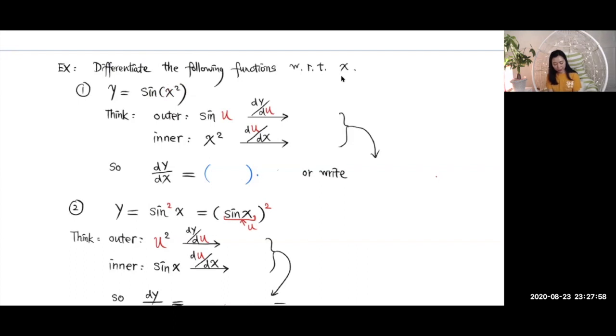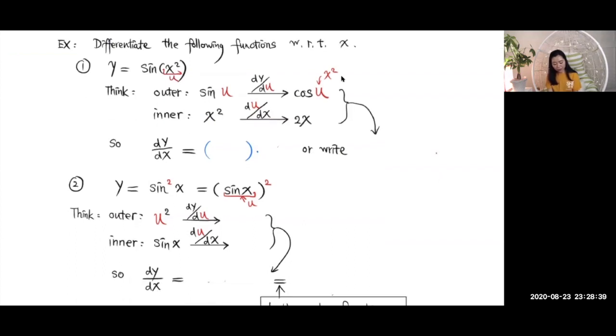We differentiate sine of u with respect to u, so we get cosine of u, with the u being this x squared. Now the inner function is x squared, and we differentiate that with respect to x. We end up with 2x.